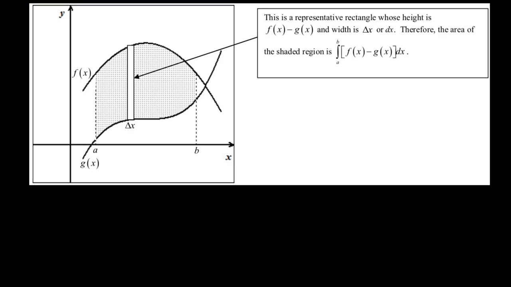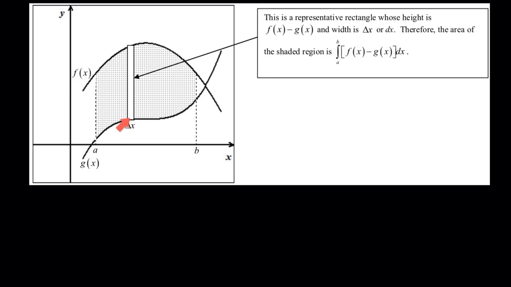All right, so this is a representative rectangle here. And with this representative rectangle, we can see from our integrals the length of this part of the rectangle is going to be delta x, which is your dx part of your integral.